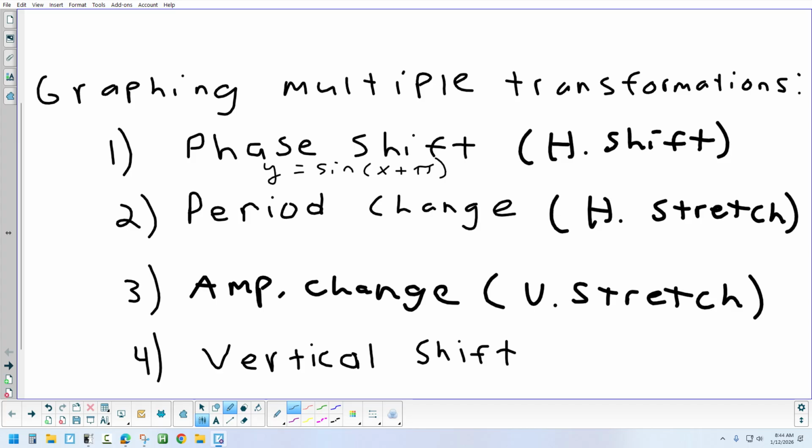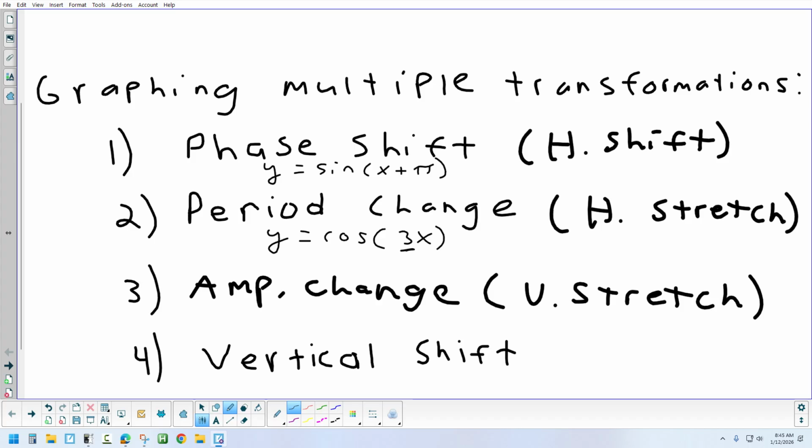So something like y equals cosine 3x. That is a period change. What would the 3 do? How would you describe the original versus putting in a 3? To compress it by a scale of 1/3.